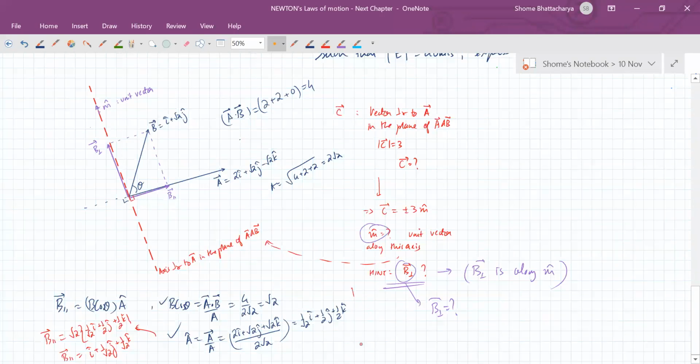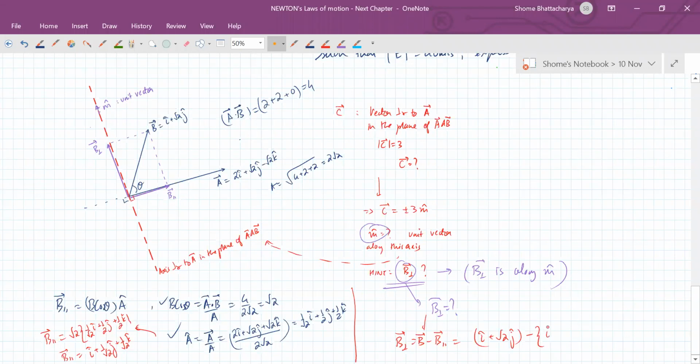So now the question is, what is B's perpendicular component? B's perpendicular component, as you know, is the vector B minus the parallel component. So it is i cap plus root 2 j cap minus this component.